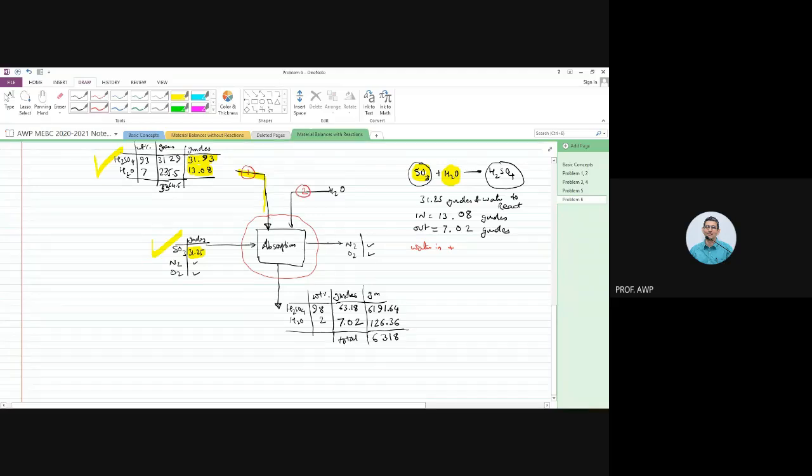Water coming in from stream 1 plus water coming in from stream 2 plus water that has reacted in the absorption process must be equal to water going out in stream number 4. Do you agree with this?